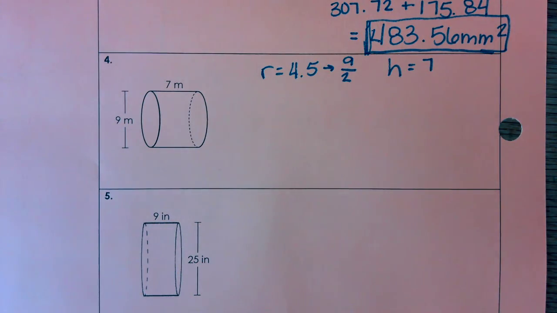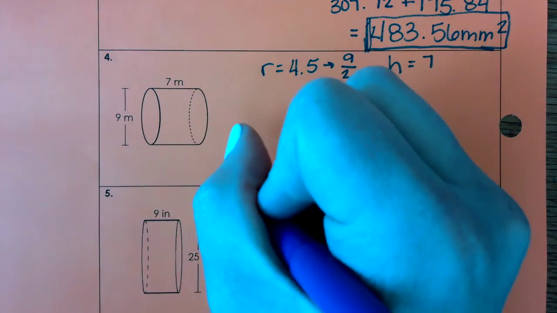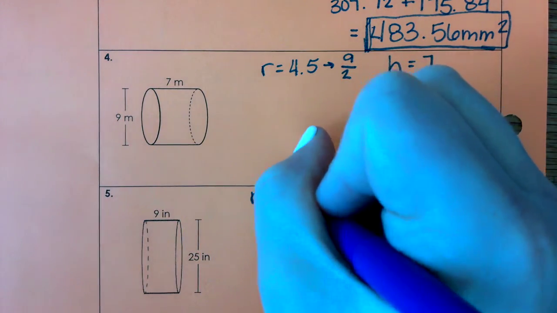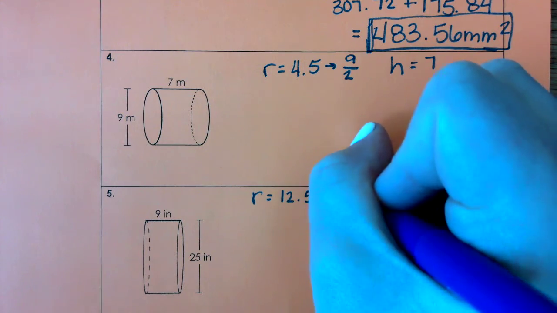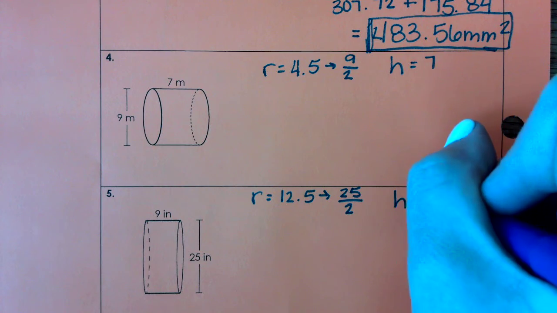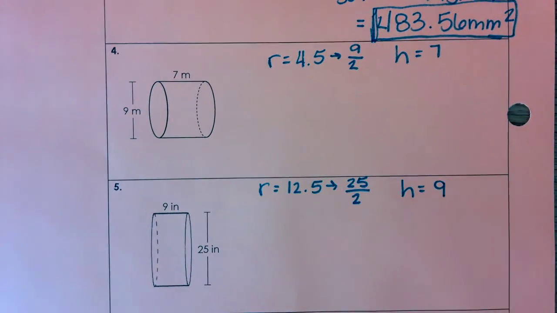What would my radius be for number 5? 12.5, because I take 25 and divide that by 2, which leaves me with a height of 9.